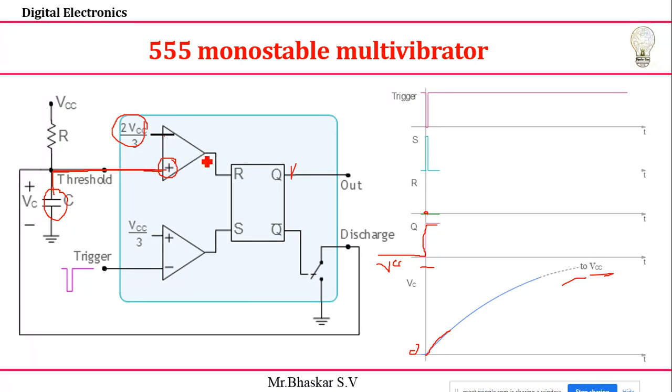Then what is the output we are getting here? Yes, it is 1. Once R is 1, what is the Q value you will get? Yes, Q is 0. Q is 0 means Q bar is 1.